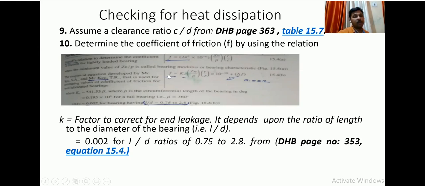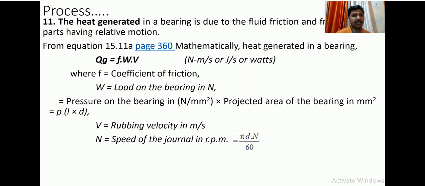By knowing the value of the coefficient of friction, we can easily find out the heat generated, and that heat generated will be equal to the power lost in the friction. And how can we find out the power loss in the friction? By multiplying the power developed by the coefficient of friction.